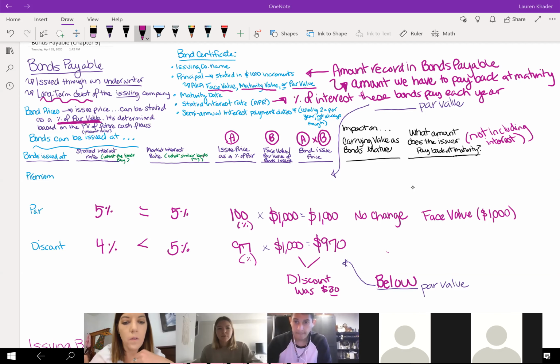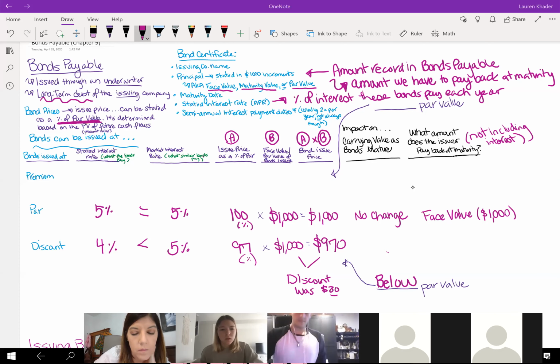I'm kind of confused. Why? So if your interest rate is 4% versus 5%, isn't that better for us, for the buyer, because they're going to have to pay less in interest?